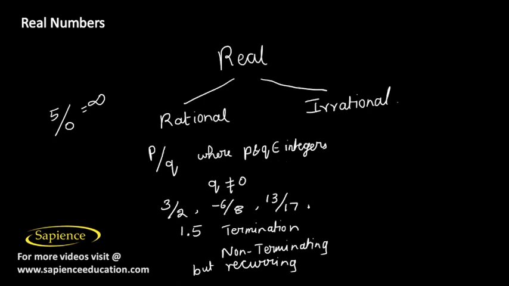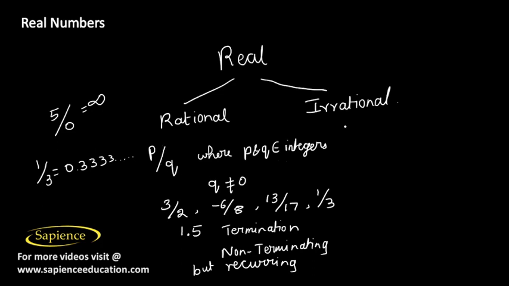Let's take a simpler example, 1 by 3. 1 by 3 is equal to 0.3333. It is a non-terminating decimal, but the number 3 is recurring in this decimal, hence it is a rational number.